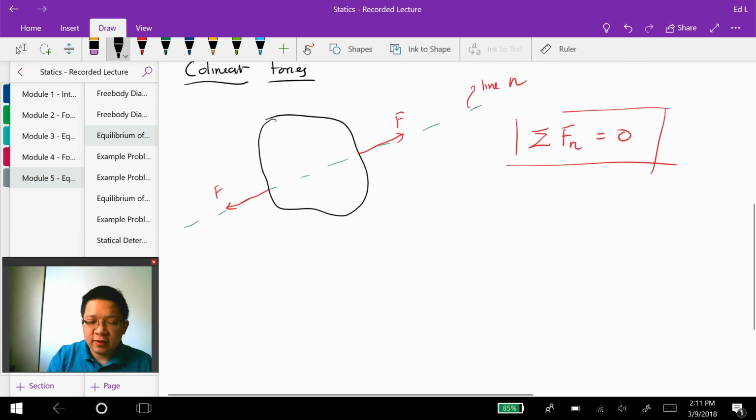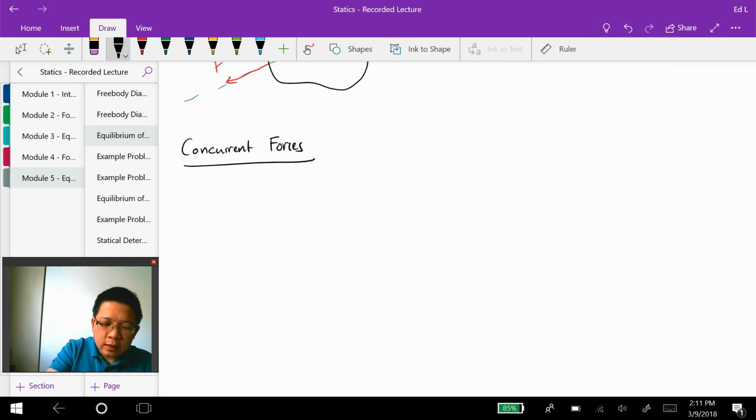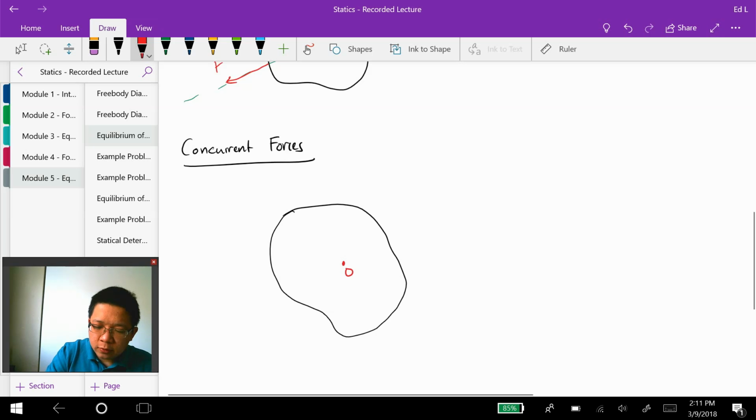The second specific case is what we call concurrent forces. For example, if I have a body or structure right here, and a point O right there, and I have forces acting on that body, and all of my forces are concurrent at point O. For example, these are F1, F2, and F3.